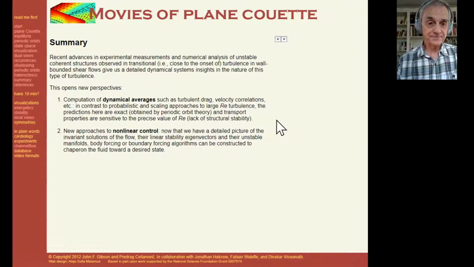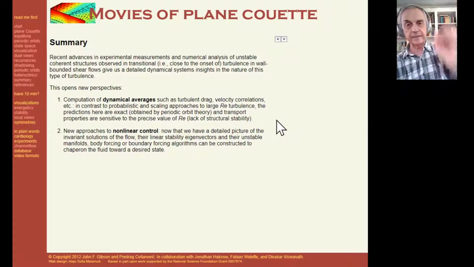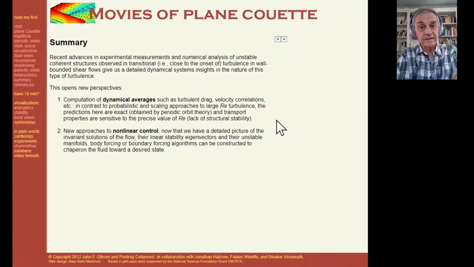So to summarize, it used to be that turbulence was a bunch of things. Originally, people had wind tunnels and they would put one hot wire in the wind tunnel. Today, it's totally amazing. When you have an experiment, you can extract from it very detailed three-dimensional velocity data as a function of time.